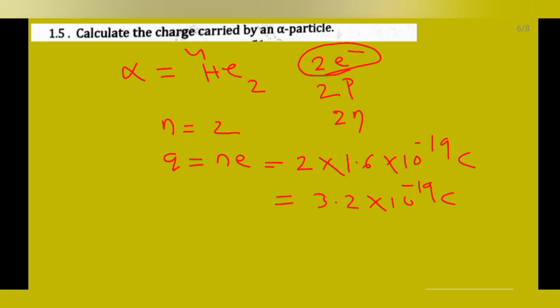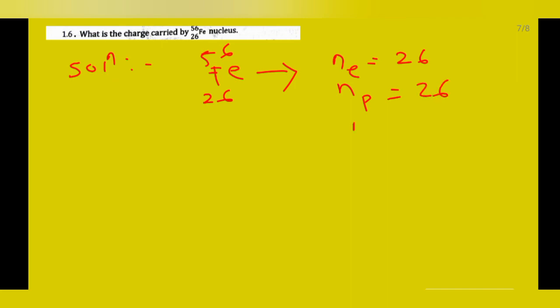So we'll go to the next question. The next question was: what is the charge carried by an Fe nucleus? The Fe nucleus is given as 26, 56. From this we can find the number of electrons will be 26. The number of protons will be 26 and the number of neutrons will be 56 minus 26, which is 30.